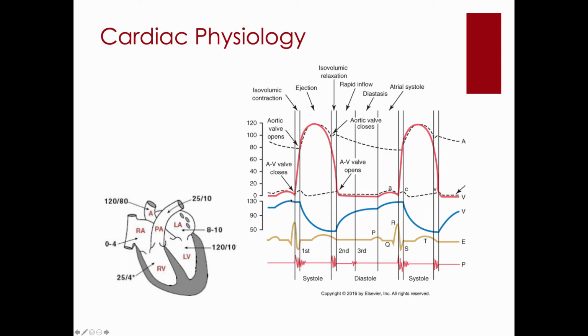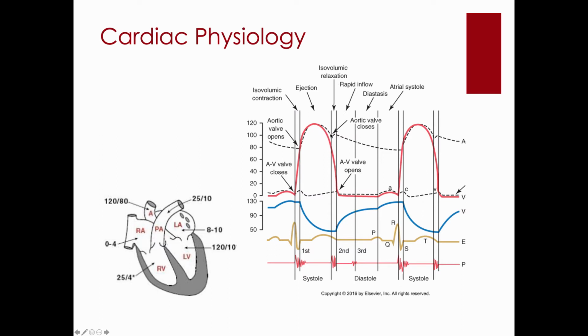And then there's this period of isovolumic contraction. And once the pressure in the ventricle becomes higher than the pressure in the aorta, the aortic valve opens. That's really important to understand when we're talking about differentiating AS from MR, or aortic stenosis from mitral regurgitation. All right, but let's keep going.